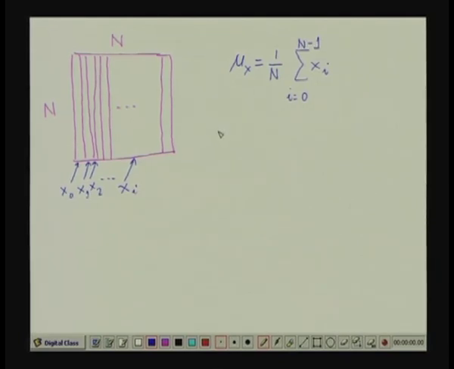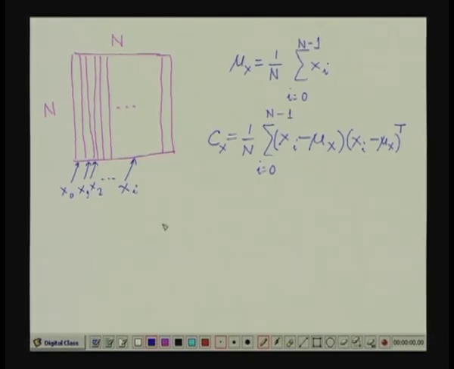And similarly, we can also find out the covariance matrix of these n vectors, and the expression for the covariance matrix, as we have already seen, is 1 upon capital N summation of x I minus mu x into x I minus mu x transpose, where I varies from 0 to capital N minus 1.